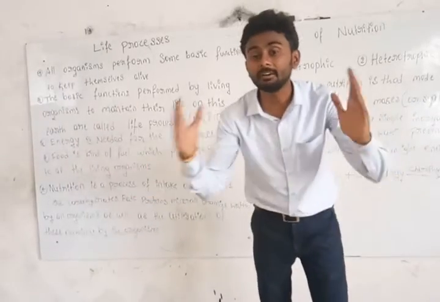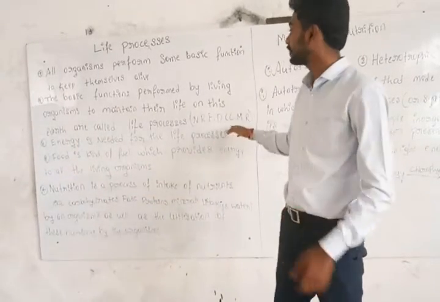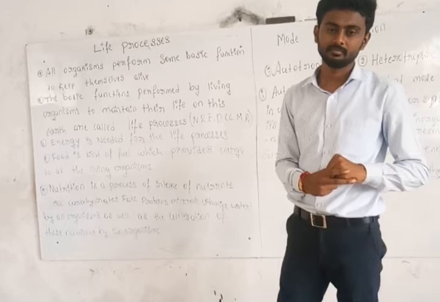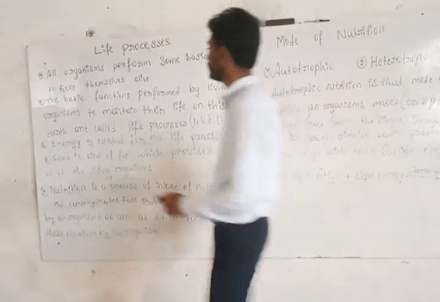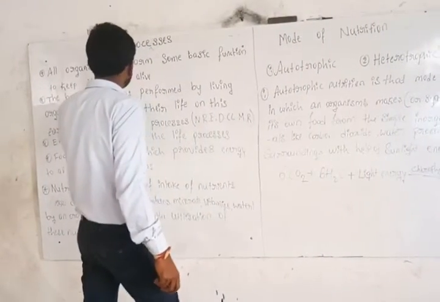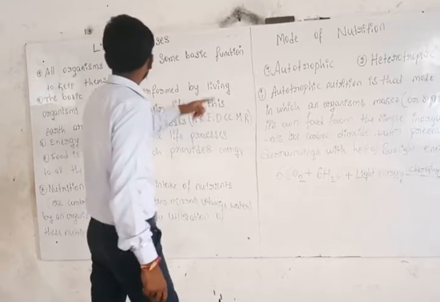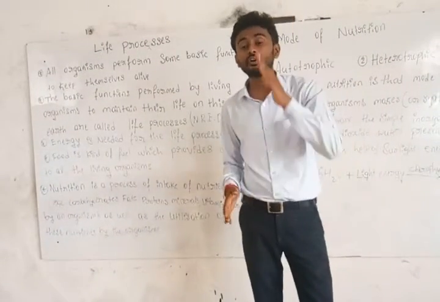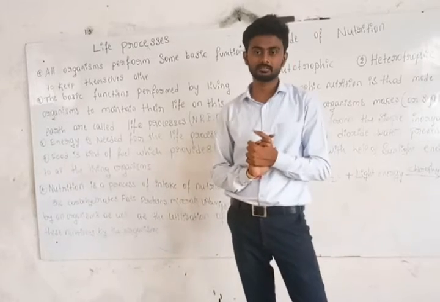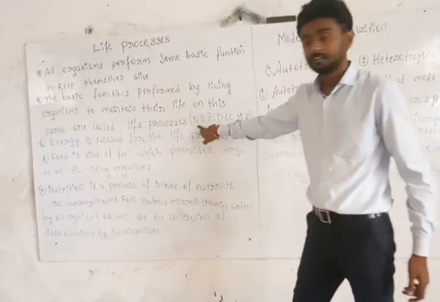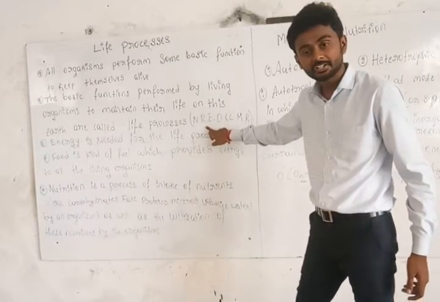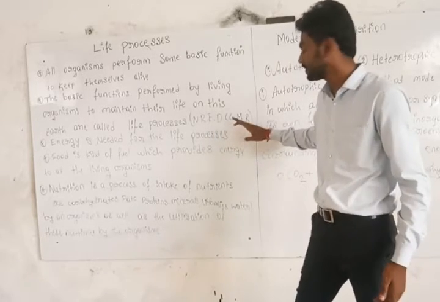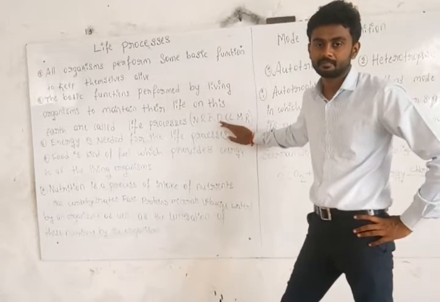We can see in the living organisms' bodies the several functions. One more time. The basic functions performed by the living organisms. What are those? Nutrition, respiration, excretion, digestion, control and coordination, and reproduction.